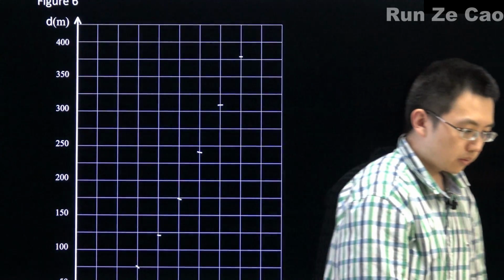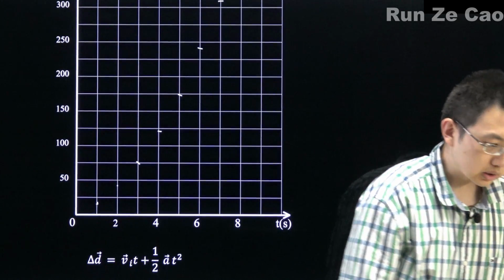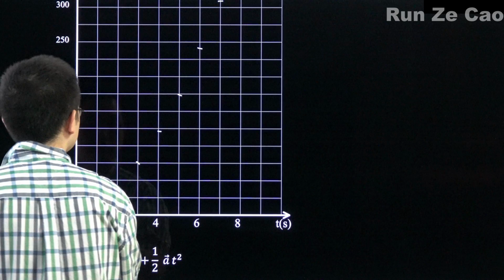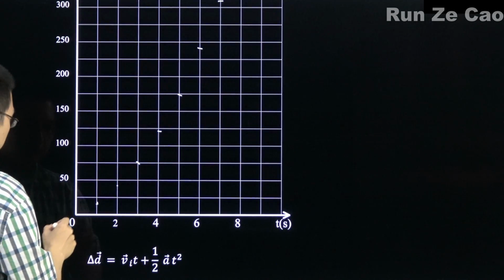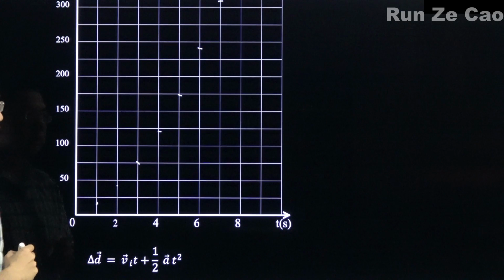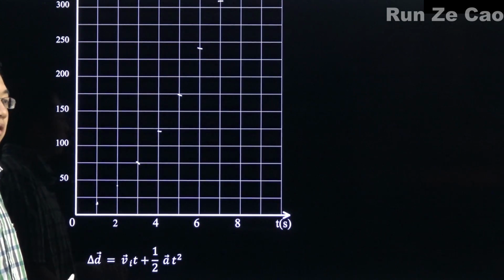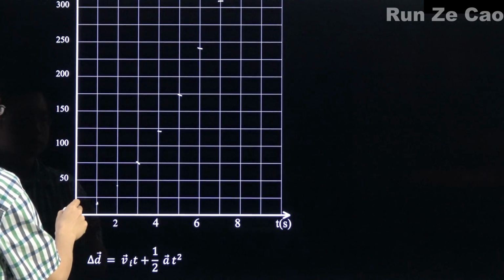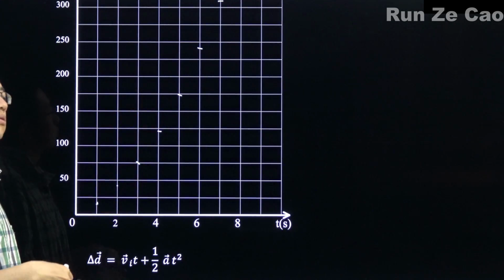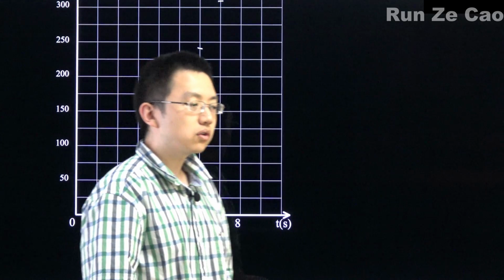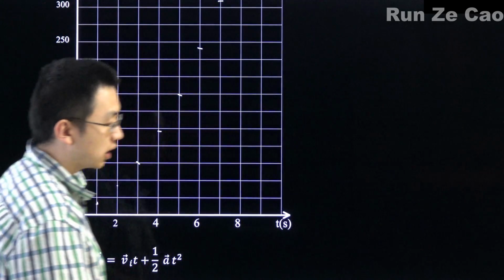Now, we could draw ourselves a curve here. However, depending on how much your teacher lets you have leeway, you could probably just use a ruler to connect these dots, and it will be roughly okay if you're just being asked for a rough sketch.